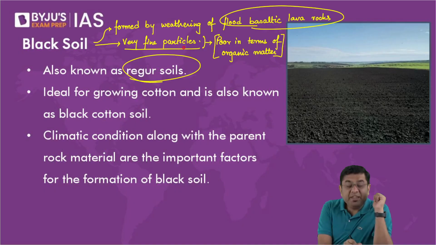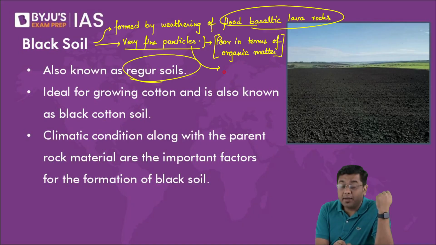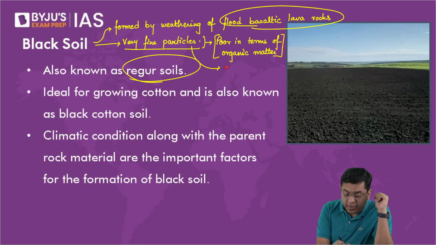Now, when we say that they have the presence of fine particles, that means the ability to hold water and air will also be very high. So the ability to retain moisture is very high.